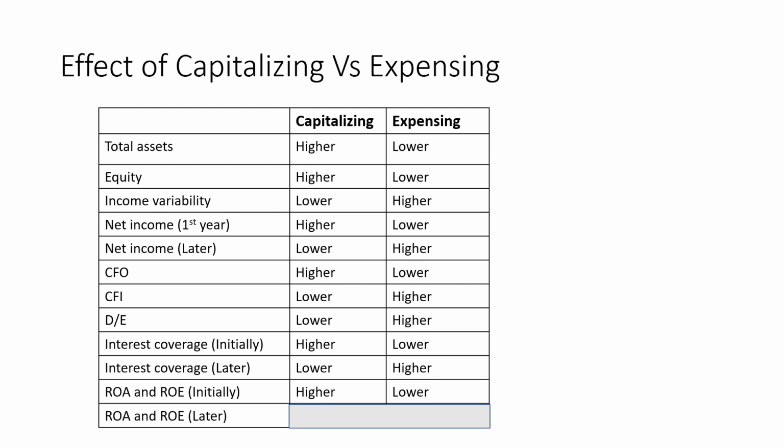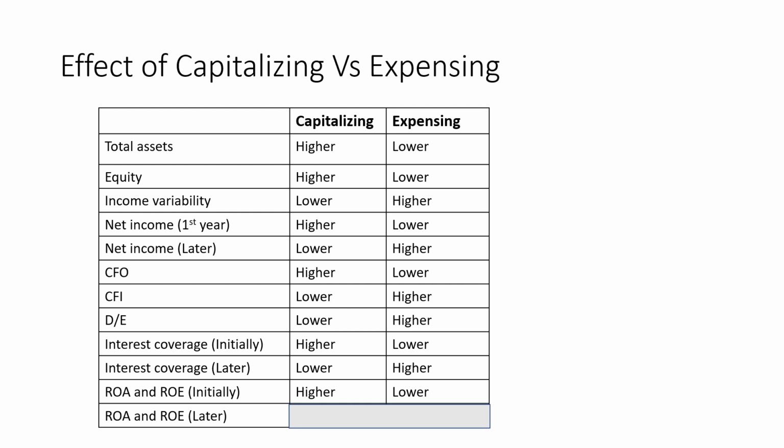Therefore, in the capitalizing method, ROA and ROE will give a higher result. So in the expensing method, the net income will be deteriorated by the expensing charge of the asset. As a result, the ROA and ROE will give a lower value.